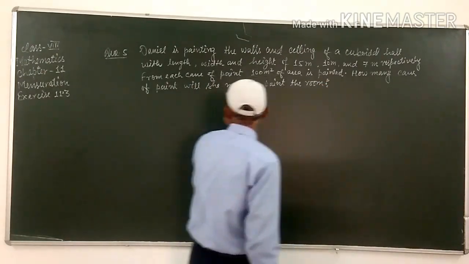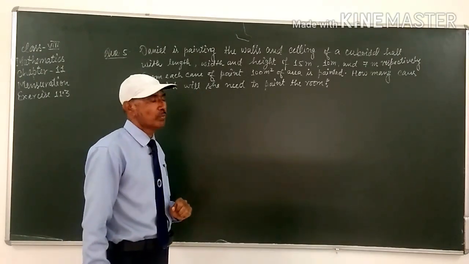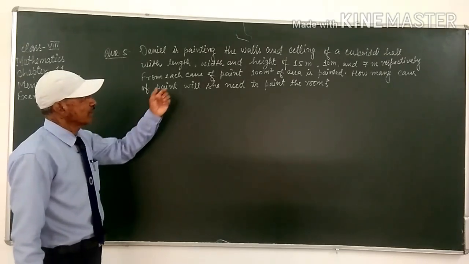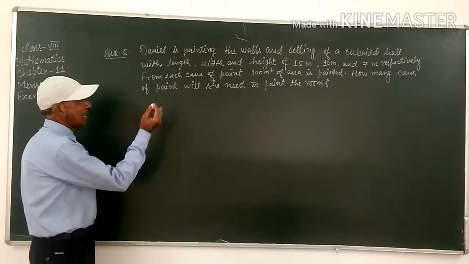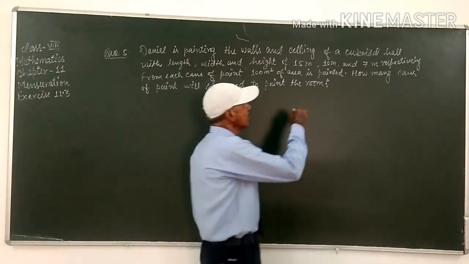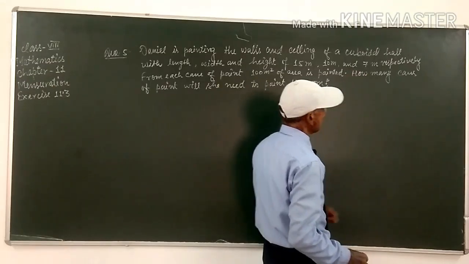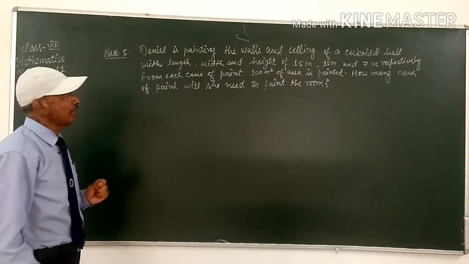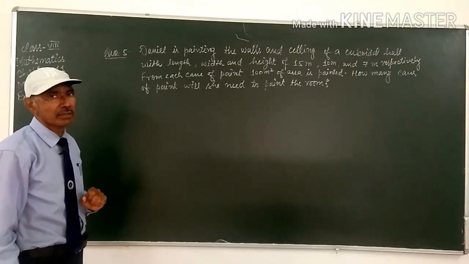How many cans of paint will she need to paint the room? Students, in this question the dimensions of the hall are given: length 15 meter, width 10 meter and height 7 meter. And she has to paint 4 walls and the ceiling.